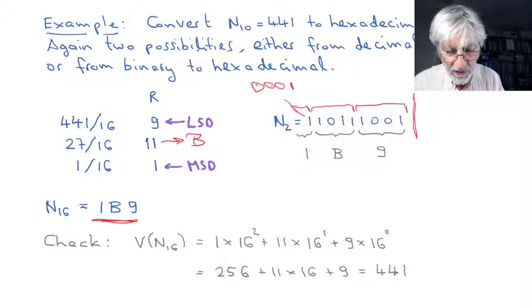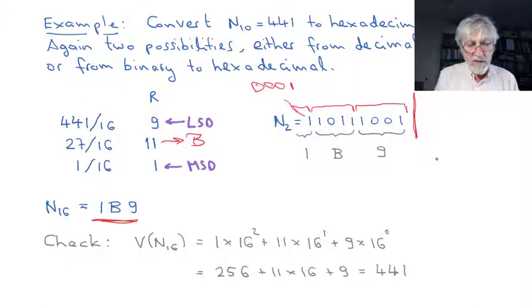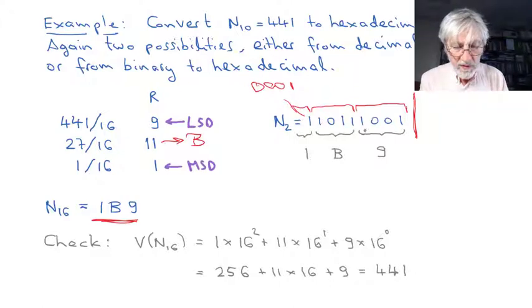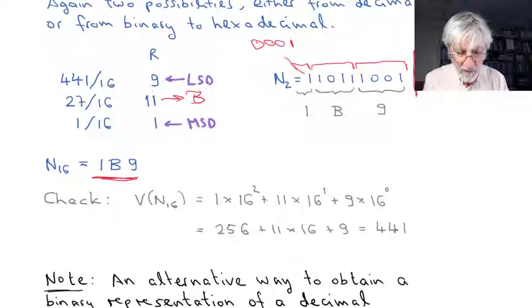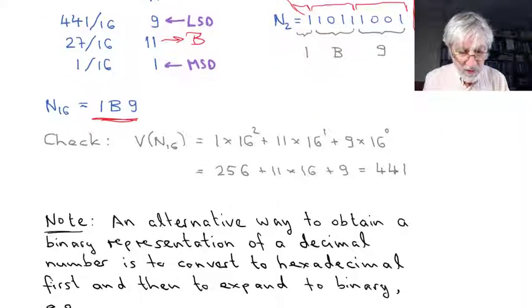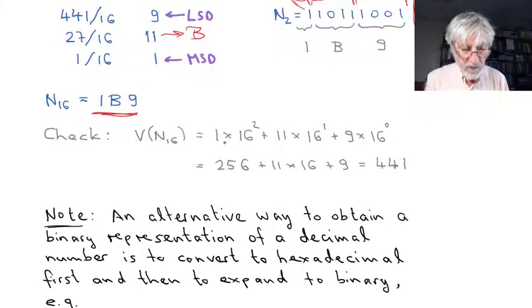Again, we have to start on the right end with our partitioning into groups of 4, and we get 1001, that's 9, 1011, that's 11, so we write the B here, and 0001, that's equal to 1, so we get the 1B9 again. And for the check, we just take 1 times 16 squared plus 11 times 16 plus 9, and that's 441.